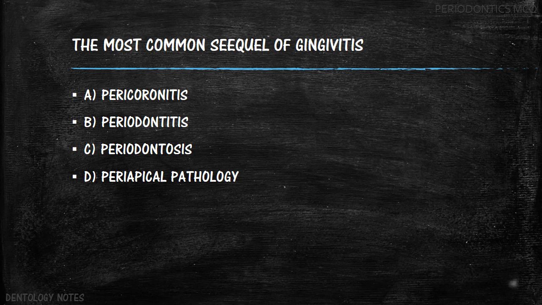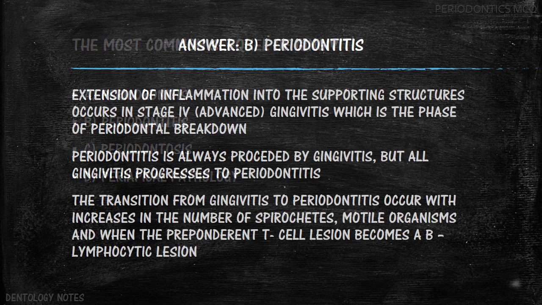The most common sequel of gingivitis: A. Pericoronitis. B. Periodontitis. C. Periodontosis. D. Periapical pathology. Answer: B. Periodontitis.